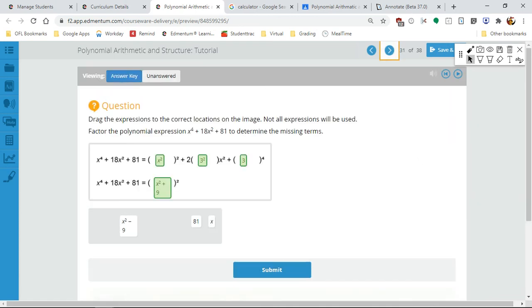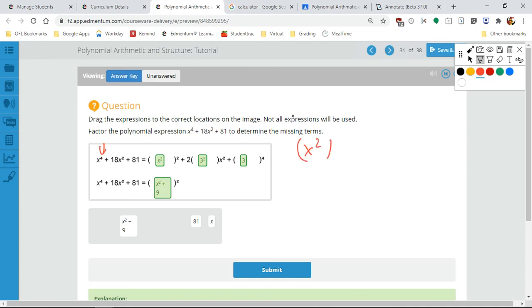All right, let's get some more problems done here. So here, first thing that I'm noticing is that we're dealing with squared. So we can call it x squared, squared, how they do it, or like I said before, if you want, you can call it u substitution, u squared plus 18u plus 81.